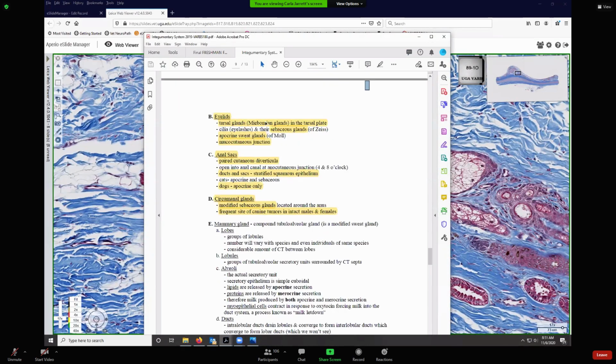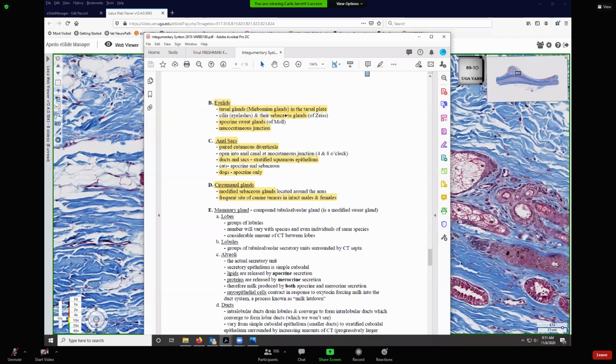Eyelids, we looked at the tarsal glands or the meibomian glands. They're in that tarsal plate, that dense irregular connective tissue. We also saw just the regular sebaceous glands and sweat glands in that eyelid. Now, the ophthalmologists are going to call them the glands of Zeiss. They're going to call the apocrine sweat glands the glands of Moll, and they're going to call the eyelashes cilia. We're not going to do that to you right now.